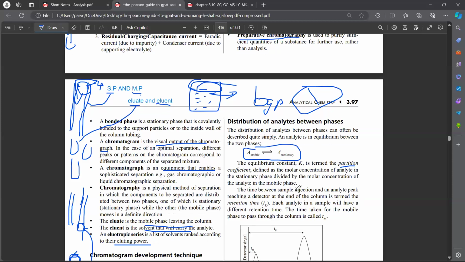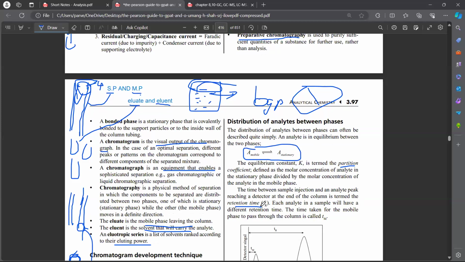So basically, in HPLC, gas chromatography, and other chromatography, there is the retention time. Retention time signifies the amount of time that an analyte is present in the column.